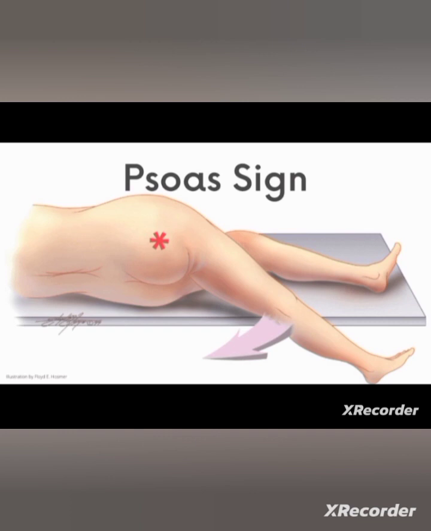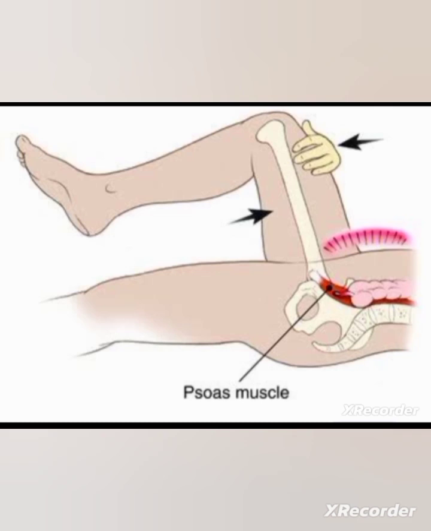The psoas sign can be elicited by another method. Here, the patient is lying in the supine position, and the examiner places a hand just above the knee.